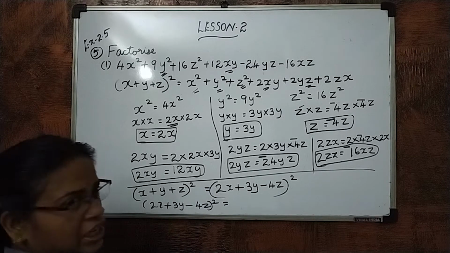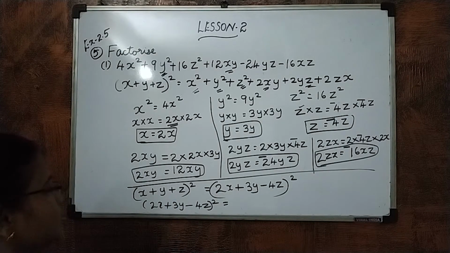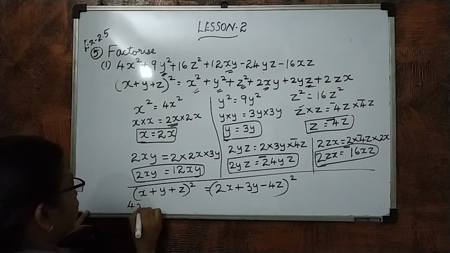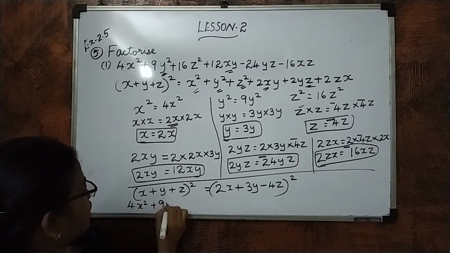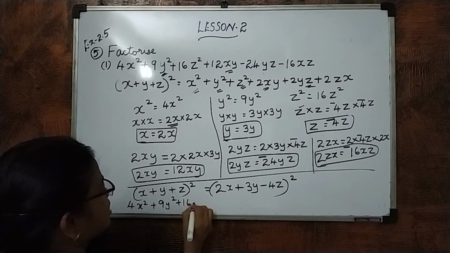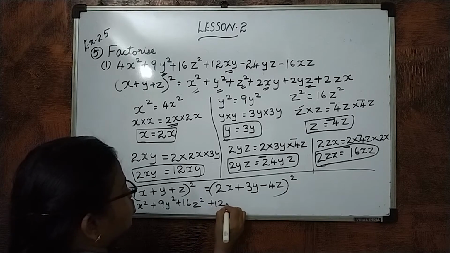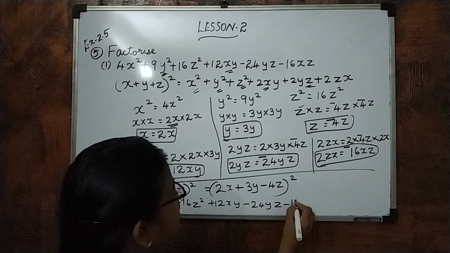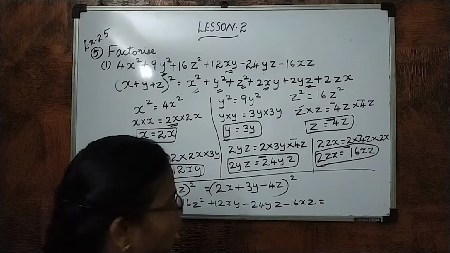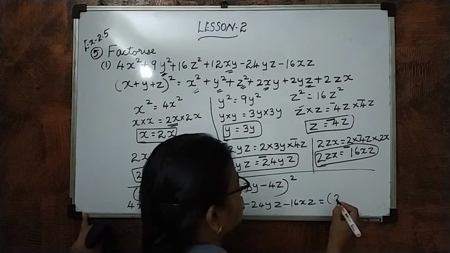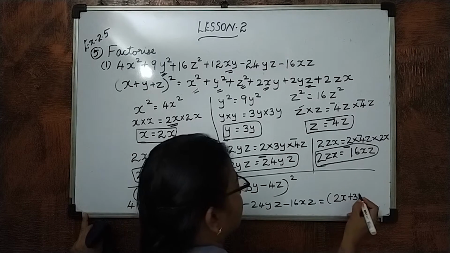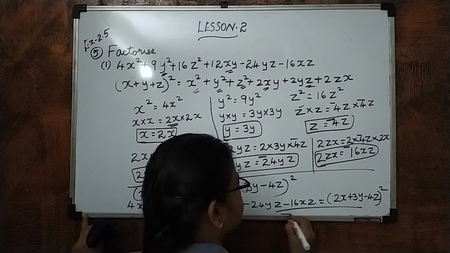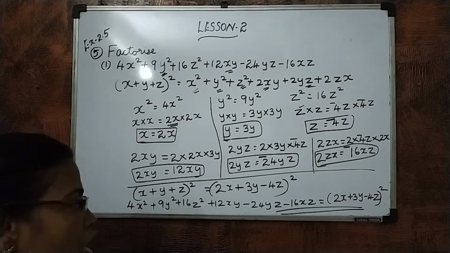First you write the question, then you write the answer. So which is the question now? Question is 4x square plus 9y square plus 16z square plus 12xy minus 24yz minus 16xz equals what? It is 2x plus 3y minus 4z the whole square. This is the answer you have to write.